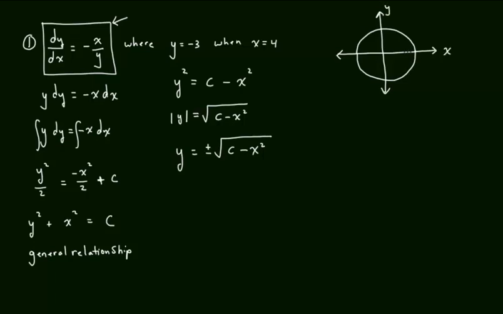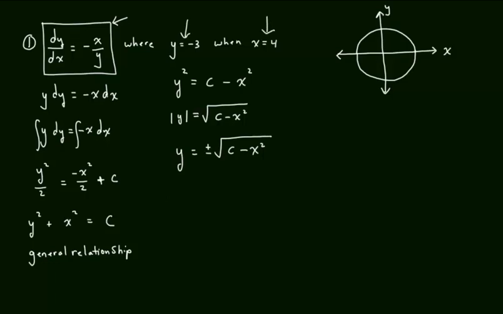So the circle is a relationship, and it is defined implicitly with two different functions, positive radical and negative radical. We have to decide, is it the positive radical or the negative radical, because I am looking for one function that satisfies the differential equation. And we get that information from the conditions described in the beginning.